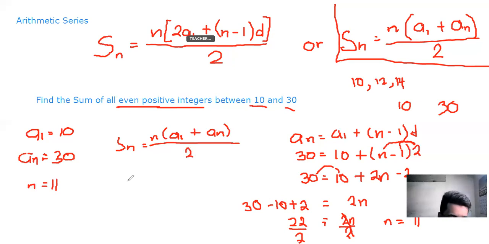Ang S sub n natin, wala pa palang value talaga ito. S sub 11, kasi ang n natin is 11. Then, 11, a sub 1 natin, that is 10, a sub n natin, that is 30, over 2.